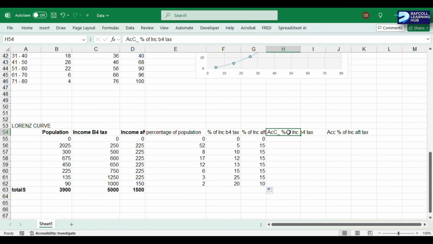The first one I'll be looking at is the cumulative percentage of the population. So I'll compute the cumulative.